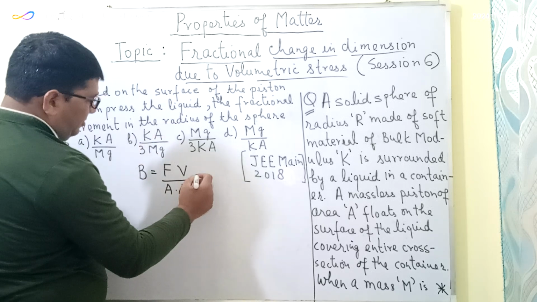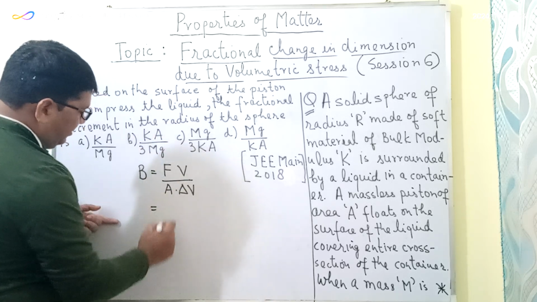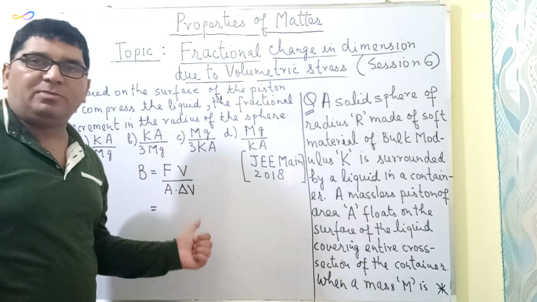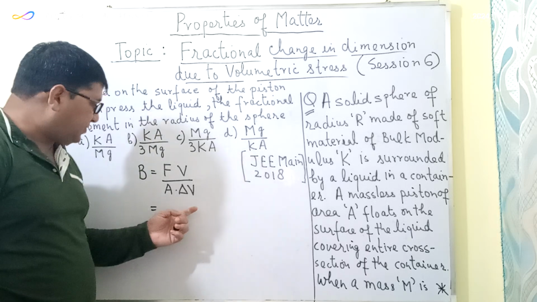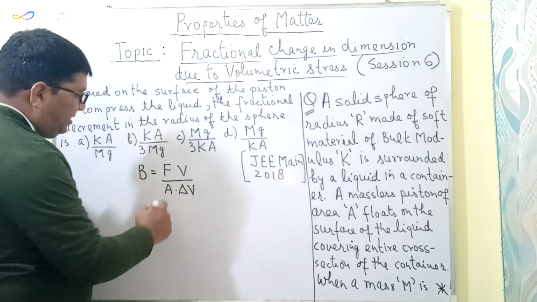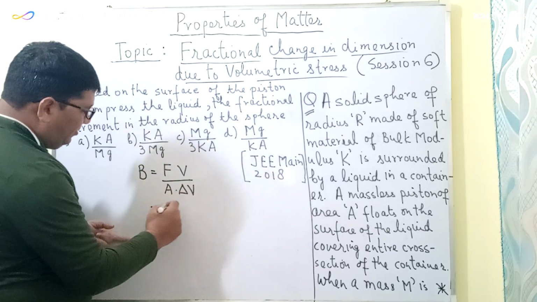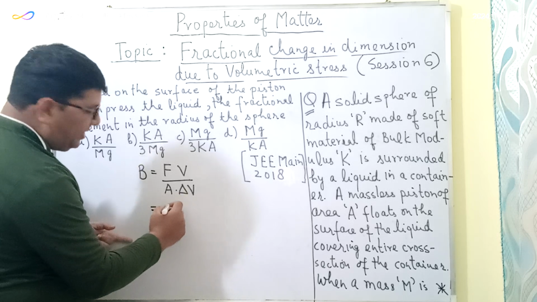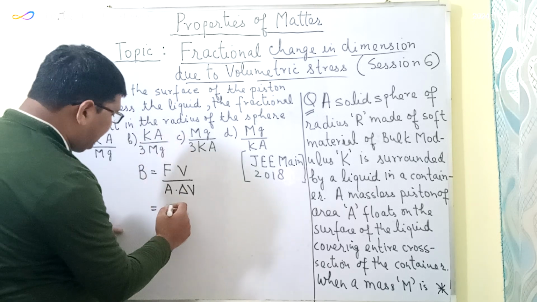Bulk modulus is basically equal to the normal stress divided by the volumetric strain. So this is also equal to the volumetric stress divided by the volumetric strain.